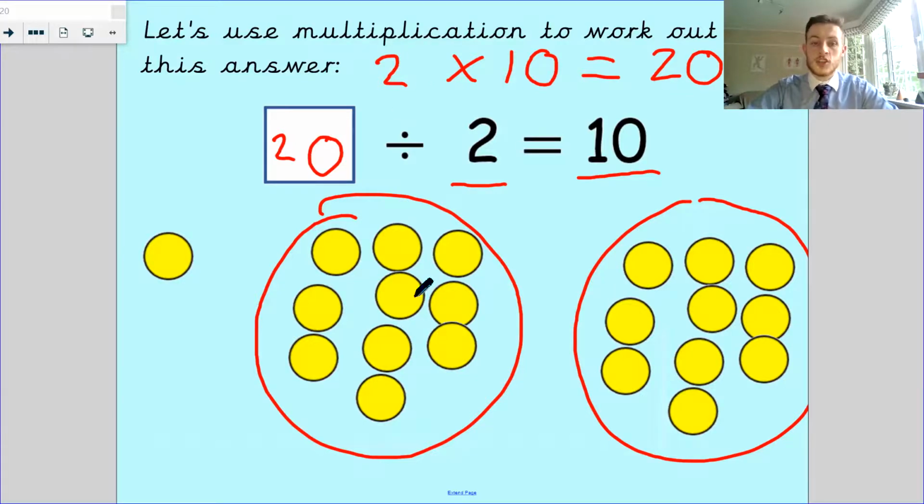So for this one, it's 2 groups of 10 equals 20, 2 lots of 10. For this, it's 20 divided into 2 groups is 10 in each group. So it's just about remembering which number means what, okay?